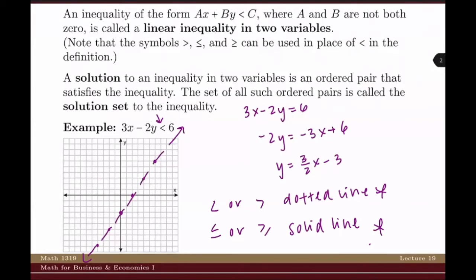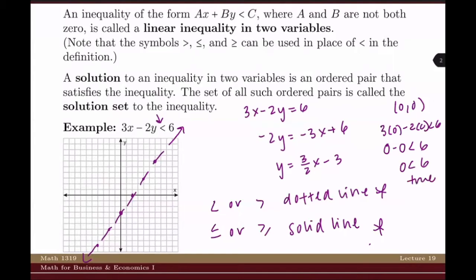Okay. And then the last step is to find a test point to figure out on which side of this line the inequality holds true. So I'm going to choose the point 0, 0. That means we'll have 3 times 0 minus 2 times 0 is less than 6, which just means 0 minus 0 is less than 6, 0 is less than 6, which is true.